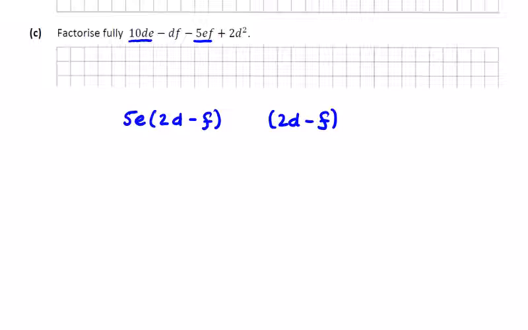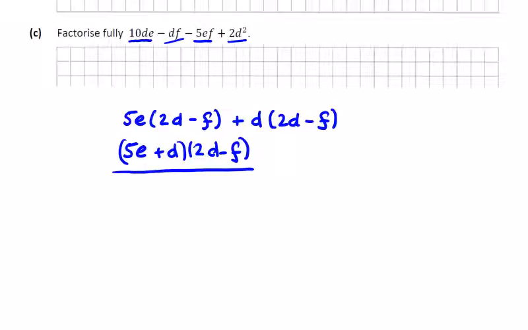And what do I have to put in front of it to get 2d squared minus df? Well, we can say there's a d, that gives 2d squared, and it gives minus df if the sign's a minus, and gives plus 2d squared, so we can see we're correct. So we have 5e and d, both of them, by 2d minus f. That's the fully correct answer.